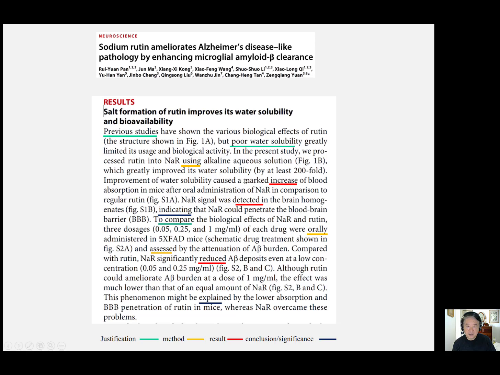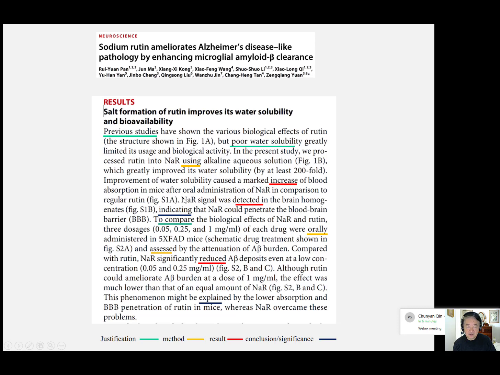When you started to see here, this improvement of water solubility caused a marked increase. Then increase is a typical verb for the results, or decrease, or inhibition, or stimulation. Then you have here, you have detected these results.